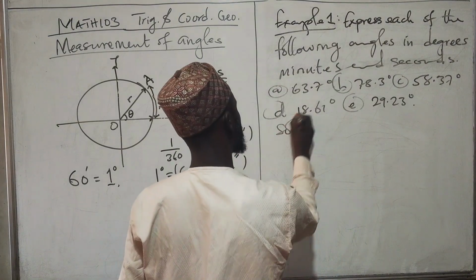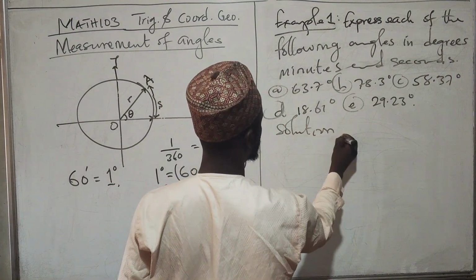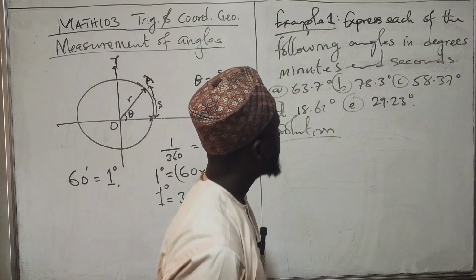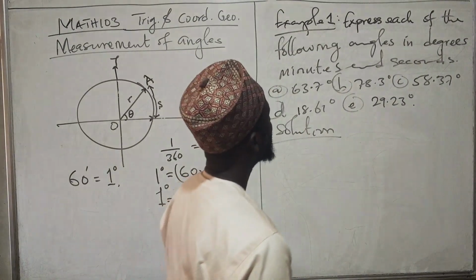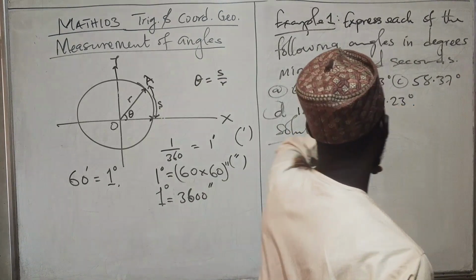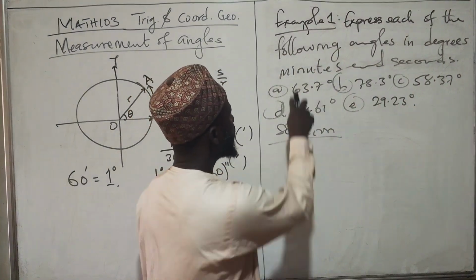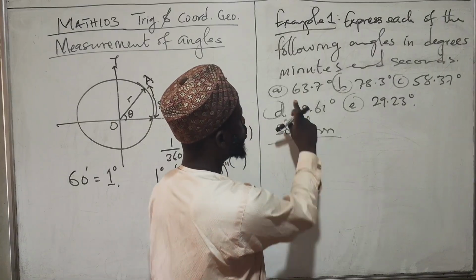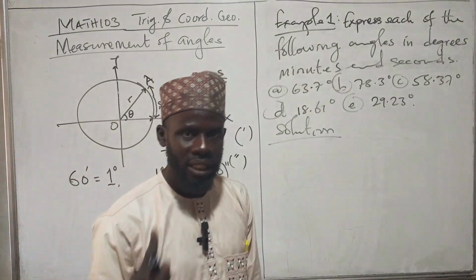So we start solving. Remember, the question says express each of the following angles in degrees, minutes, and seconds. And we have these angles appearing in decimals. So the whole part, we leave it in degrees.